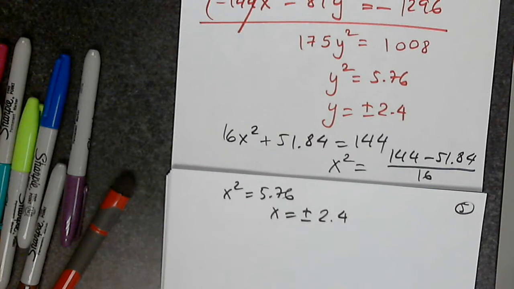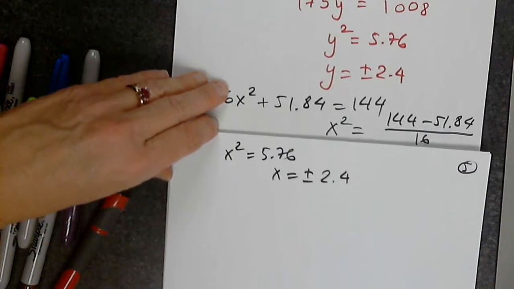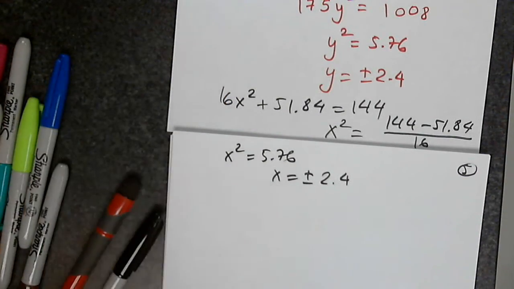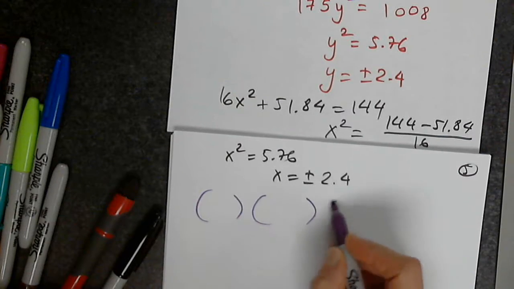So now we will graph them, since we would like to see these points of intersection. But can anyone tell us how many points of intersection? Yes. When x is 2.4, y can be 2.4 or negative 2.4. When x is negative 2.4, y can be 2.4 or negative 2.4. So there are 4 points of intersection.